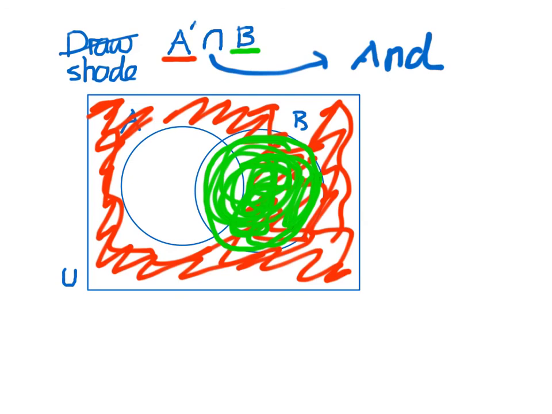So I want to find all the elements that have both red and green shading. And we can see that it's this section of the Venn diagram right here. It's sort of this moon-shaped section, which is just the portion of B. So one way to write this in a sentence would be the elements that are in B but not in A.